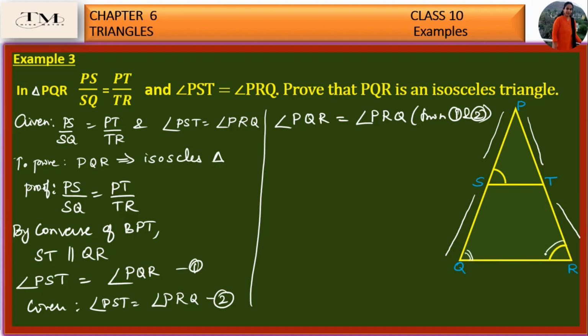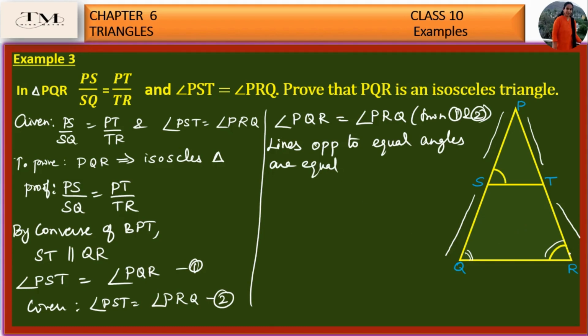Angle PQR and PRQ are equal. We know that lines opposite to the equal angles are equal. That is, we studied in the previous classes. Lines opposite to equal angles are equal.